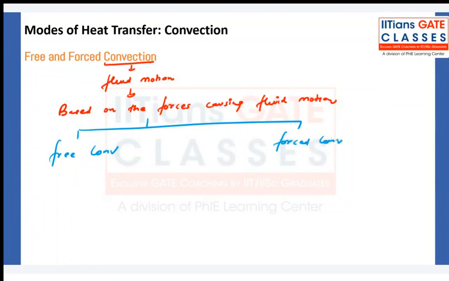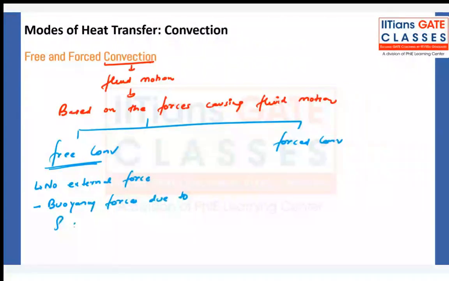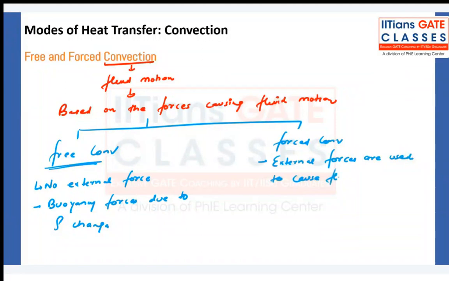What do you mean by free convection? It means no external force is causing the fluid motion. Then what is causing it? Buoyancy forces. Because of buoyancy forces due to density change, the fluid is moving. In forced convection, external forces are used to cause fluid motion.